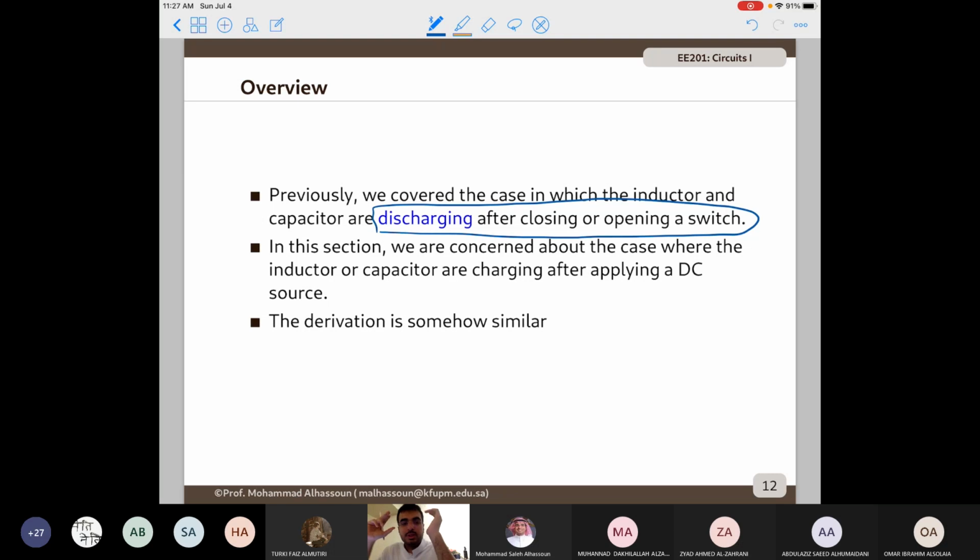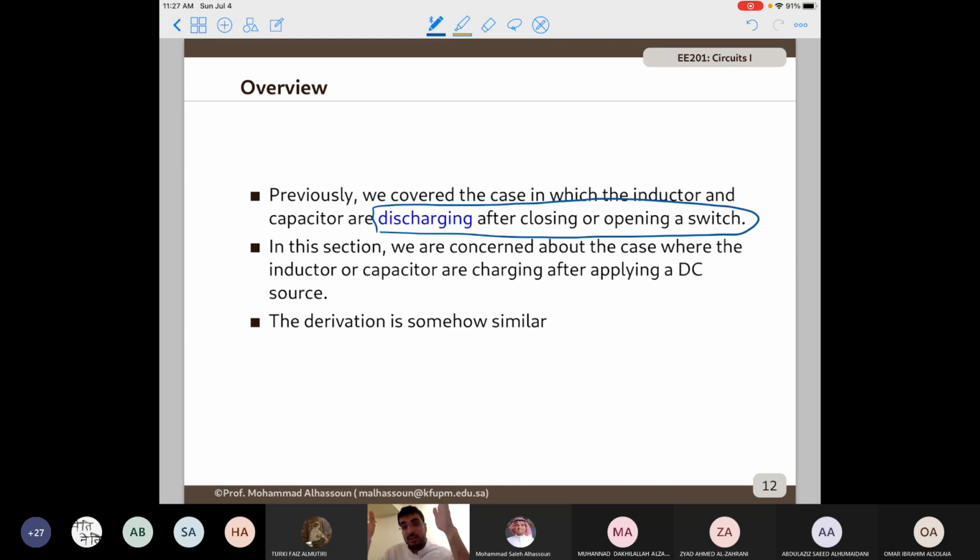And in this part, we're going to be more concerned about the capacitor or inductor experiencing, all of a sudden, a source connected to them. So the capacitor or inductor are charging in this case. The previous cases were cases where the capacitor and inductor are discharging, and this is the case when they are charging.